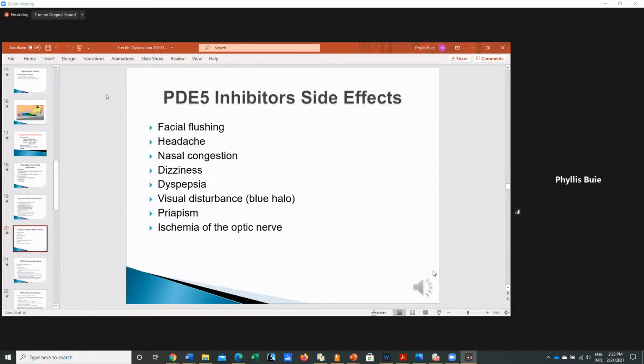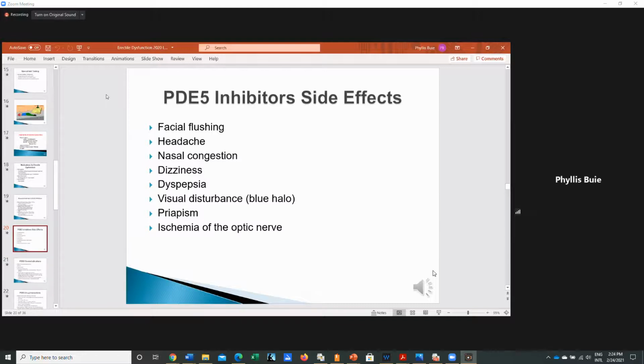Okay, some of the side effects of these medications. The main thing that you're going to see with these patients is facial flushing and nasal congestion, and some may complain of a headache. Some may complain of visual disturbance. That's not that often. Priapism is also another side effect that we need to be concerned about, because if they have a priapism, an erection that lasts longer than 4 hours, then there needs to be some intervention, because what happens is the blood supply is limited to the penis because it's so engorged.